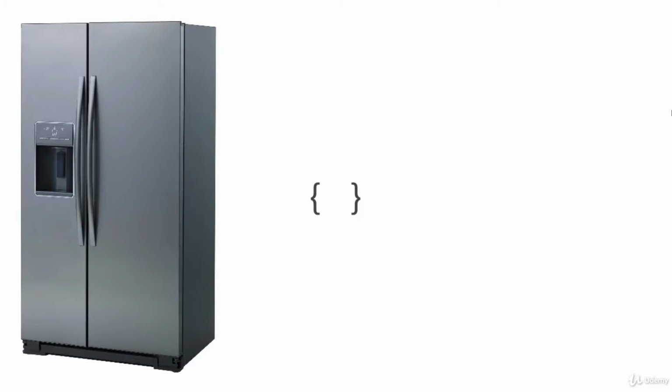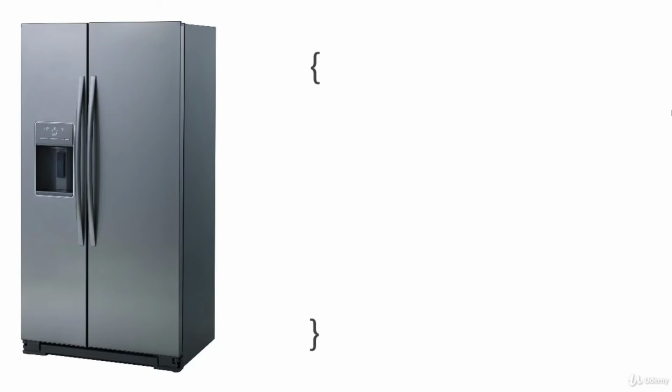Now, to really ingrain this into your mind, apply it to your everyday life. Just visually think of those braces and adding in the properties and methods of each object you come in contact with. For example, you wake up in the morning, you go ahead and get the milk out of the fridge. So I'm going to picture the fridge. I'm going to open my curly brackets.